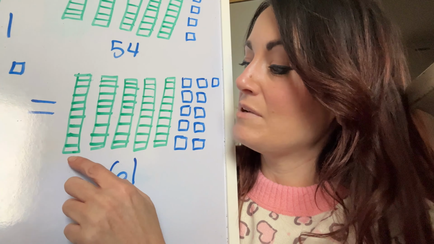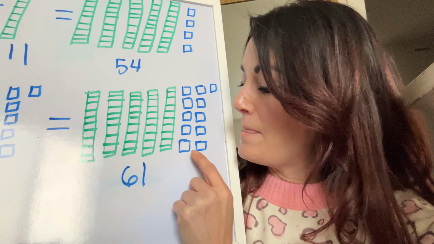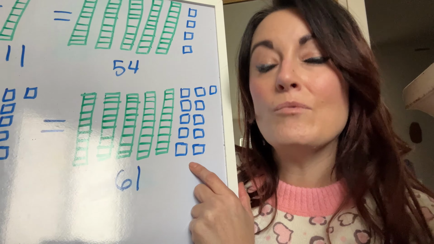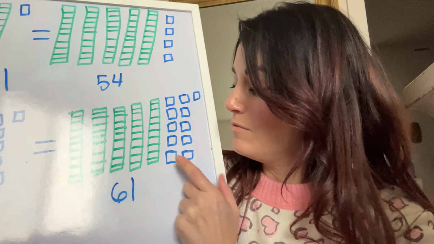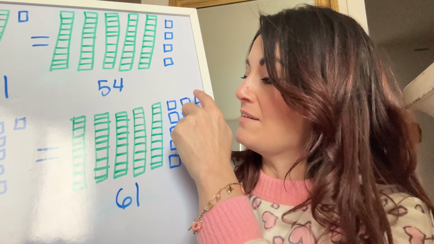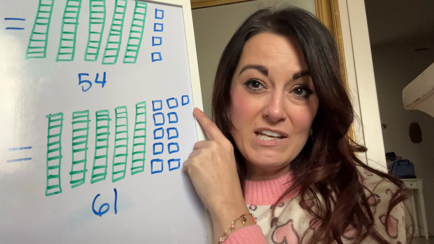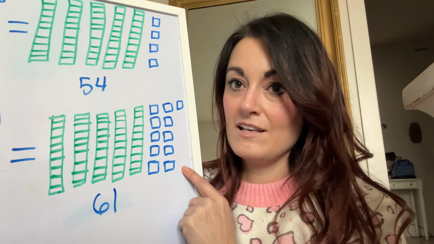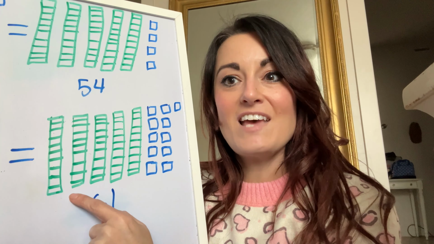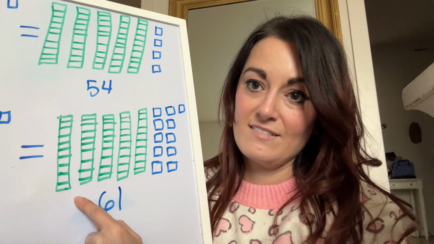But if you notice, look, we have 1, 2, 3, 4, 5 tens. But now we have enough ones to make another 10. 1, 2, 3, 4, 5, 6, 7, 8, 9, 10, 11. And we know that 10 ones make another 10. 10 ones make 1 ten.